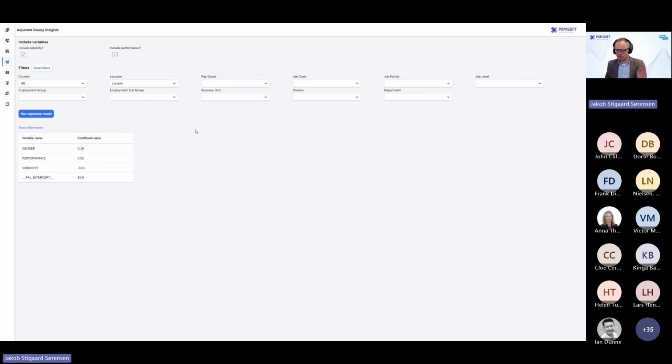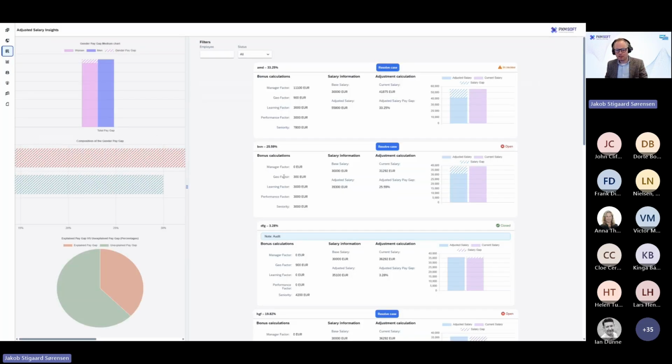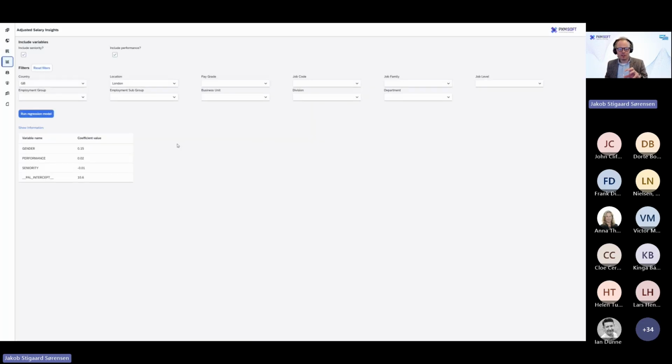These adjustment factors, this regression analysis, allows you to work with the factors, moving them into the adjusted salary insights from a managerial point of view, making sure that these factors are aligned with the data as it is, or actually working with the data underneath.